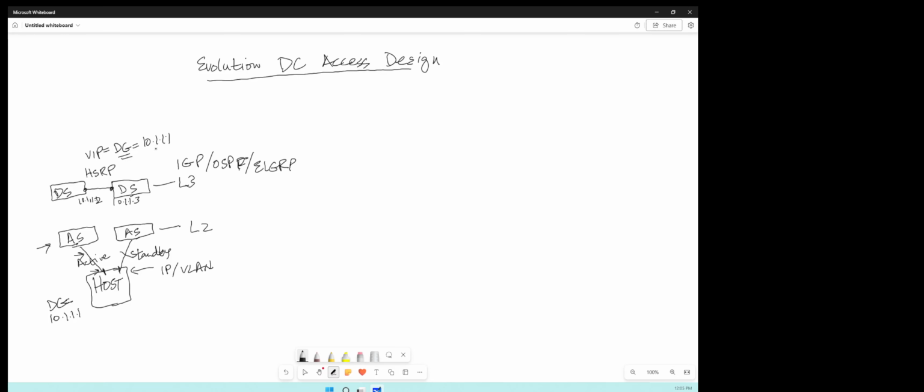So one would be a virtual IP, and their MAC addresses would be different. One is at MAC 1, the other at MAC 2, but they're basically sharing this IP to resolve. 10.1.1.1 would be resolving to either MAC 2 or MAC 1. So that's how your HSRP worked.